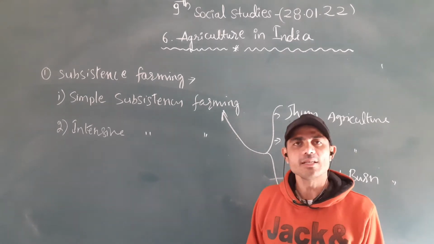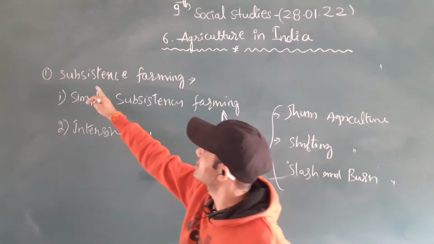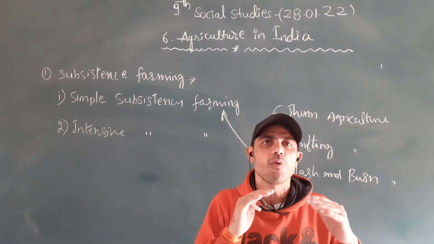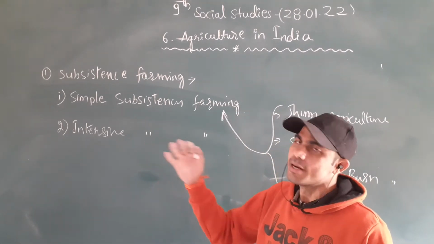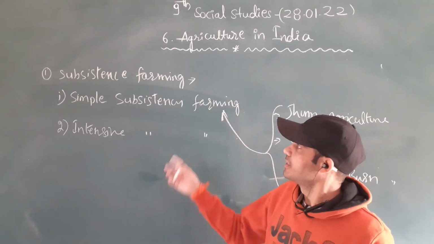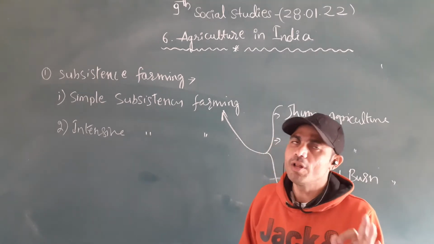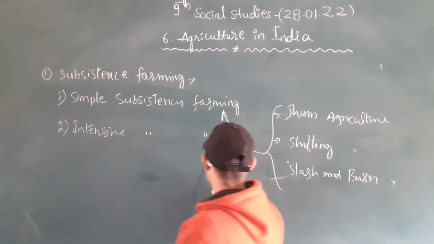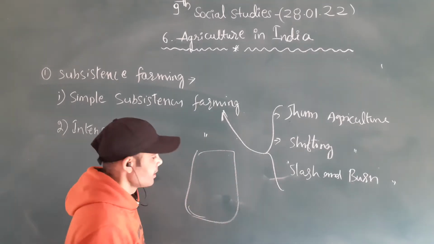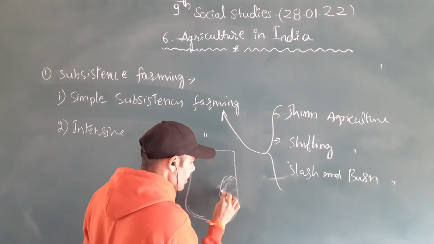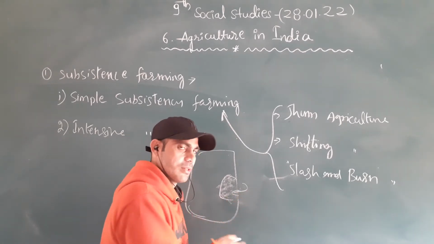Subsistence farming. Why? Because they can only produce whatever they need, right? Already we discussed, subsistence farming means they produce whatever they need for survival, not for trading purposes. In this kind of farming they use only fertile land, fertile soil. Say this is the land, this is the forest, and they cut the trees and use this soil for cultivation.